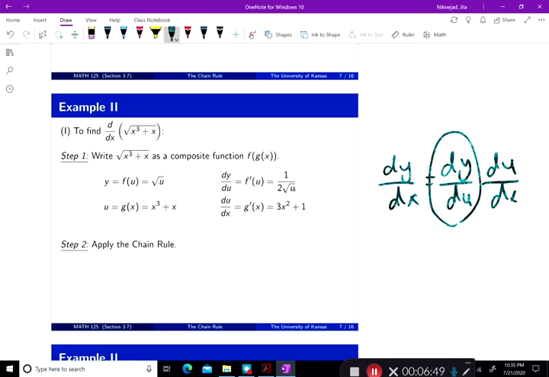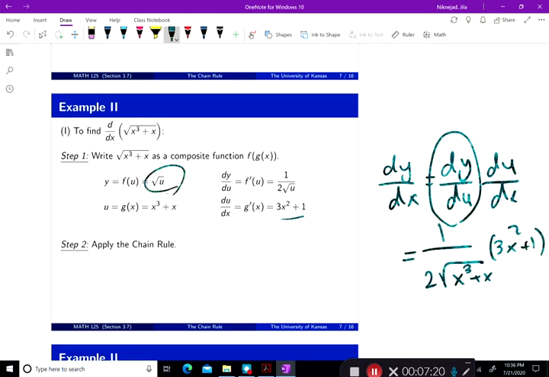So plug in what you're supposed to plug in, which is x to the third plus x. That's the derivative of the outside function, and you plug in x to the third plus x. And then du/dx is going to be right here, times 3x squared plus 1. So basically, we found the derivative of the outside function, we plugged in the inside function unchanged, then we multiplied by the derivative of the inside function, and that's the chain rule.